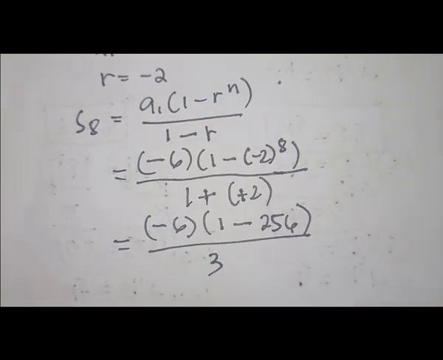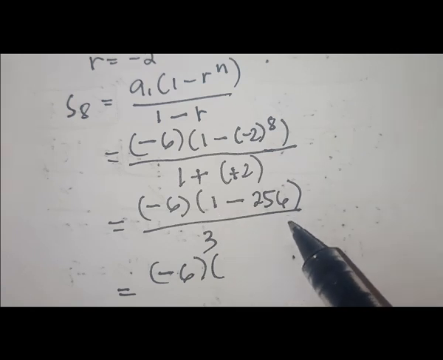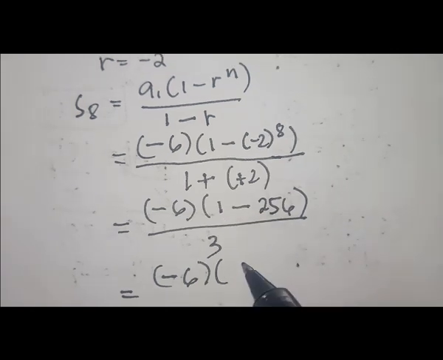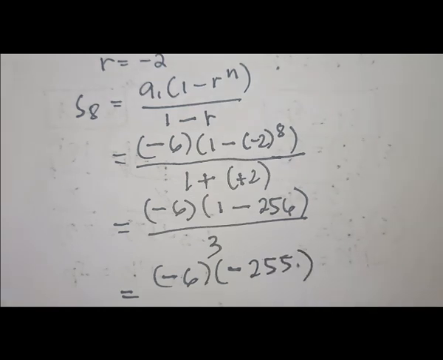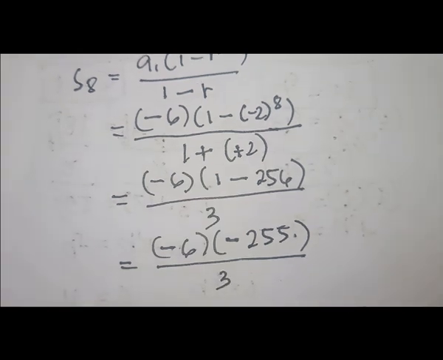Next, inside the parentheses, 1 minus 256. We will have negative 255 over 3.